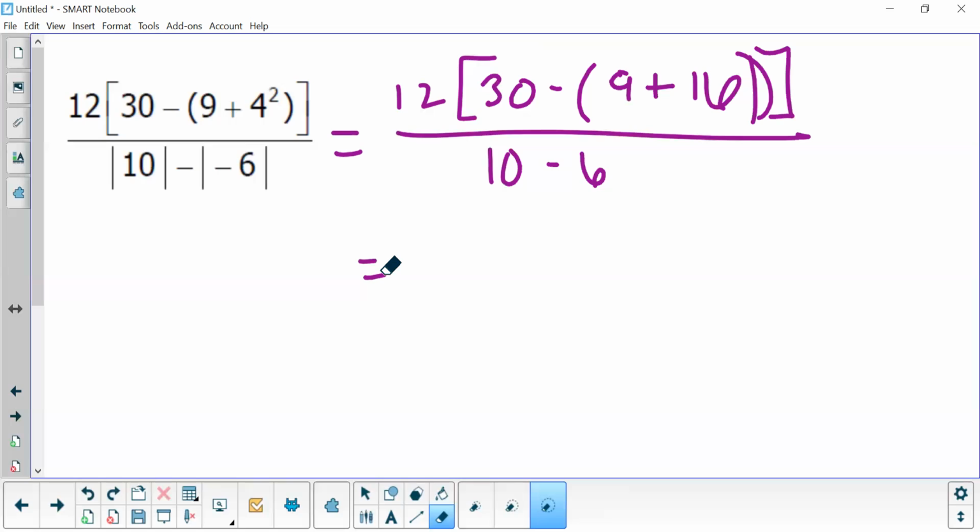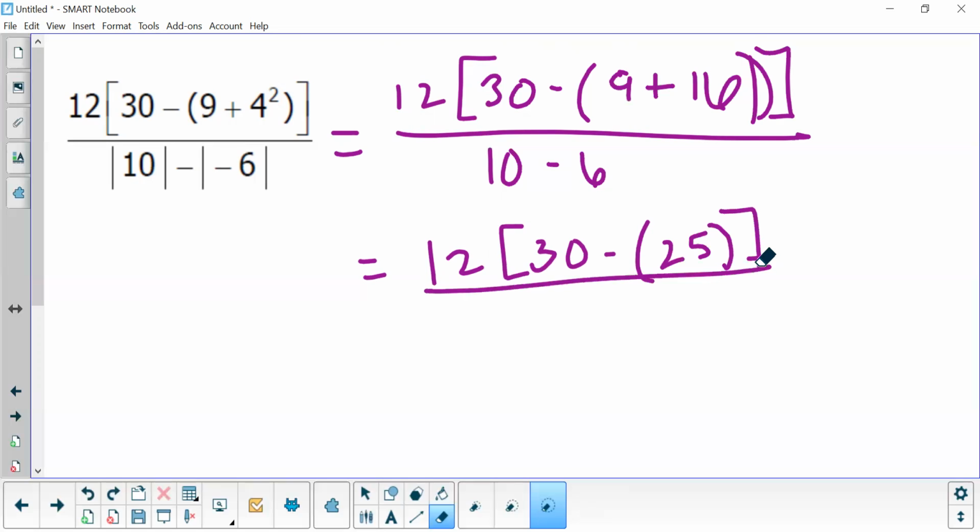All right, keep going. So on the top, I still need to do the 9 plus 16 in the parentheses, which is 25. On the bottom, 10 minus 6 is 4. Again, on the top, I have 30 minus 25, which is 5.